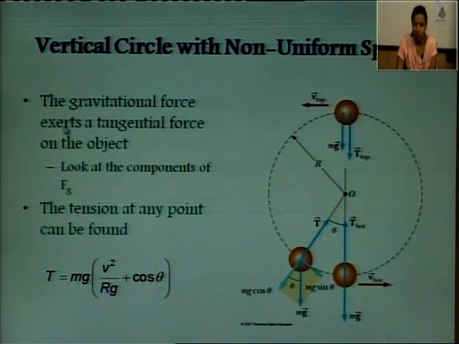So the gravitational force exerts a tangential force on an object like T = mv²/r + mg cos θ. Here the first term is the centripetal force, and mg cos θ is due to the tension in the string.